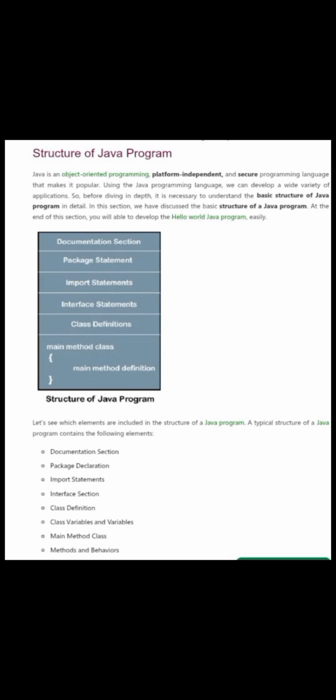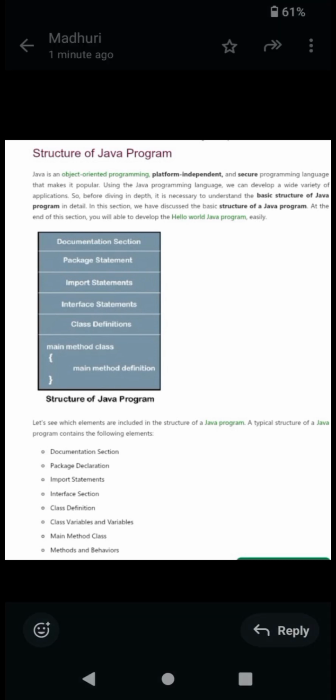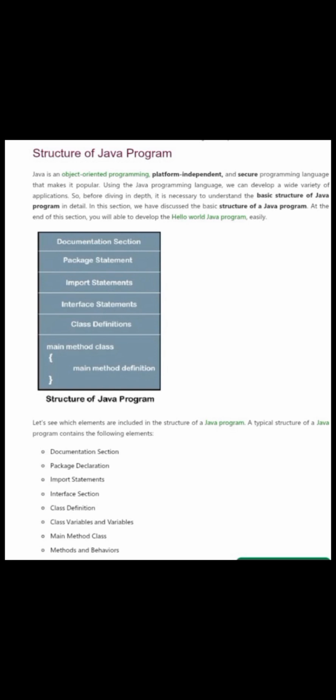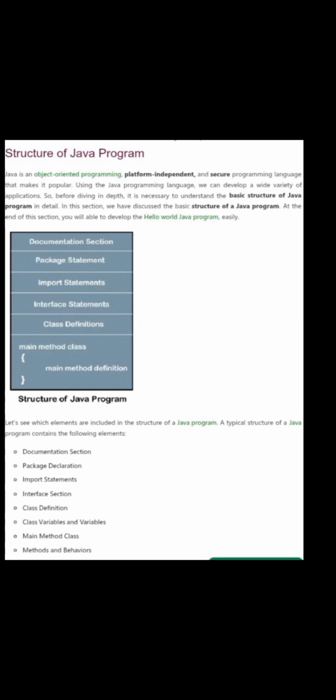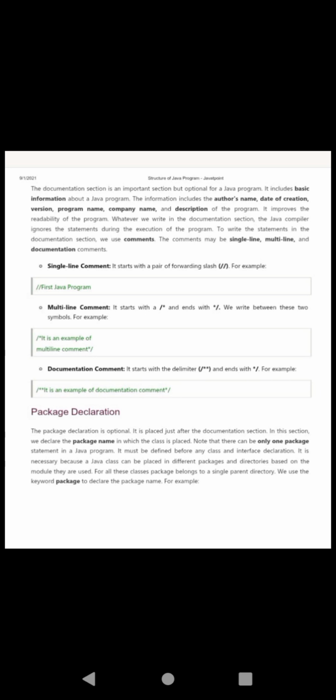The information includes the author's name, date of creation, version, program name, company name, and description of the program. It improves the readability of the program. Whatever we write in the documentation section, the Java compiler ignores the statements during the execution of the program.